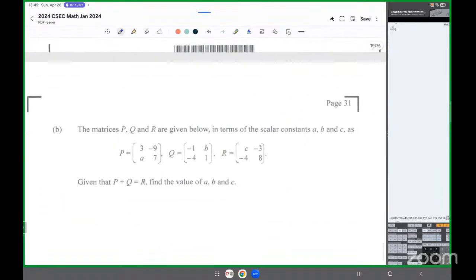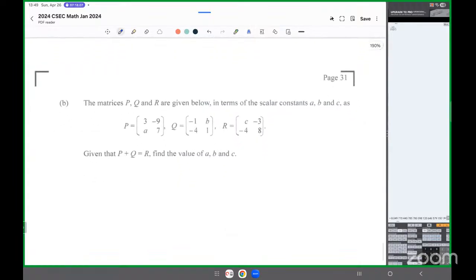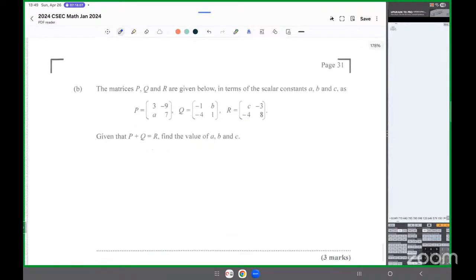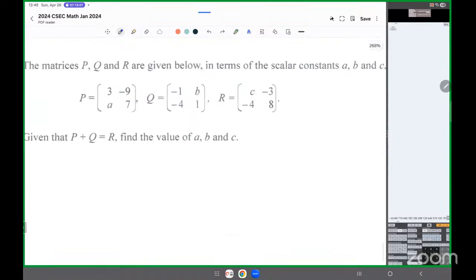What else do I want? Now come to matrices. It says matrices P, Q, and R are given as those, where A, B, and C are constants. Given that P plus Q is equal to R, find the value of A, B, and C. So if P plus Q is equal to R, it means that this plus this is equal to this. So we can set that up.